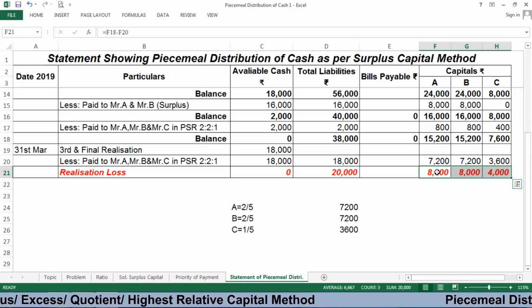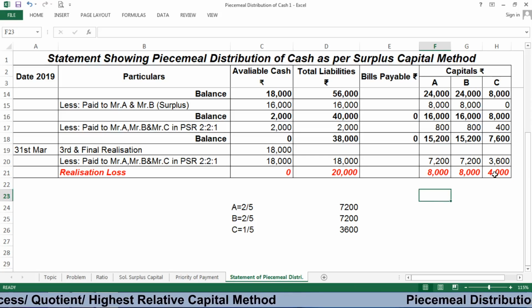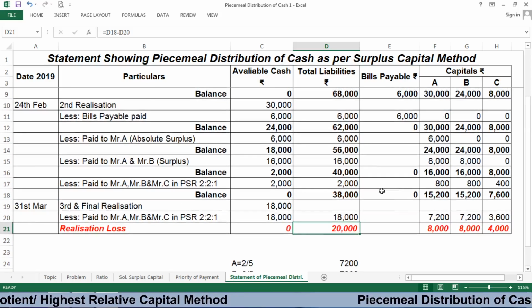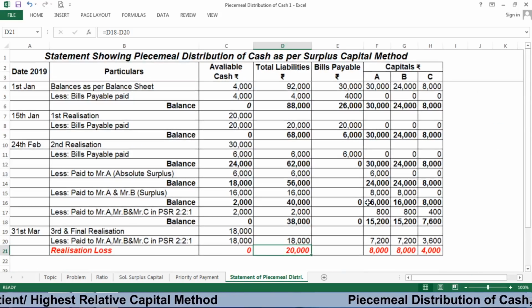So the total of these three partners' capital balances, that is unpaid balances, is 20,000. 8 plus 8 is 16 plus 4 is 20,000. So the realization loss is 20,000. In this way, we can calculate the realization loss.